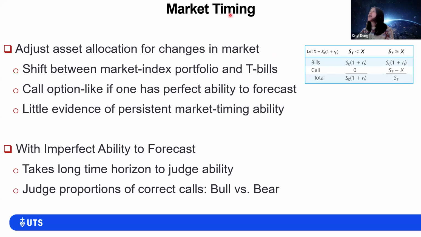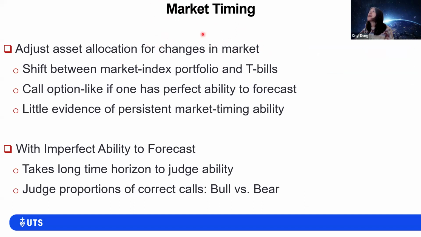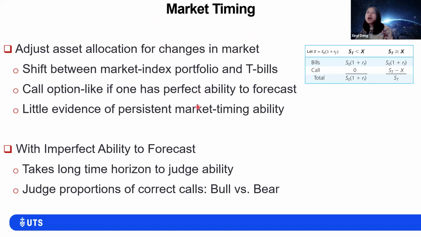So let's look at market timing right now. Market timing is one of the components of the portfolio building process, and of course, market timing can contribute to the portfolio performance.